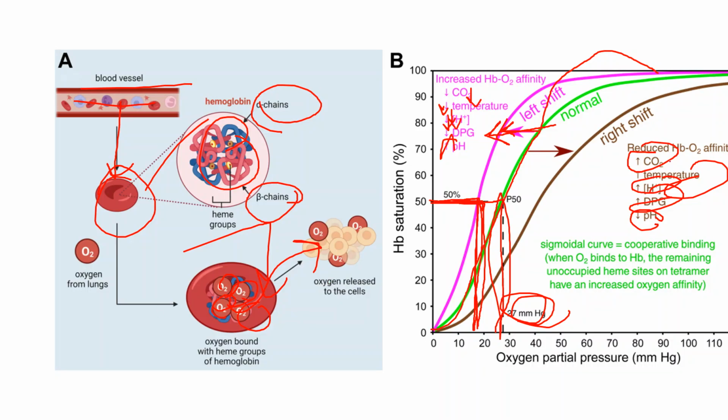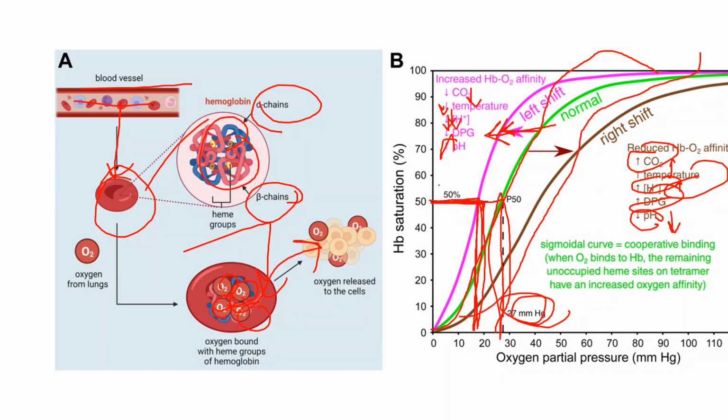Likewise, if the condition is reversed, if we increase the CO2, increase the temperature, or increase the hydrogen ion, that is decrease the pH to acidic pH, then this curve will shift towards the right.